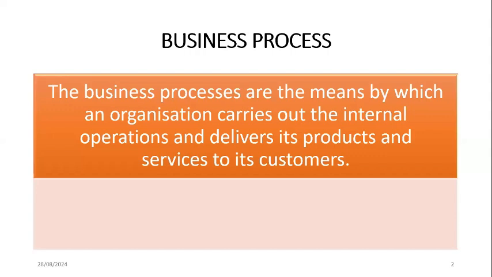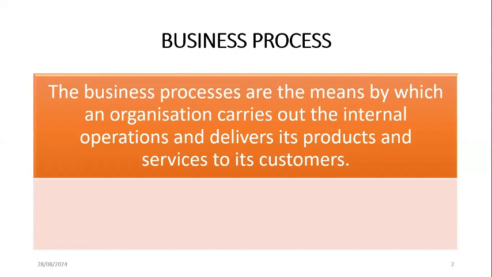So the word process in itself tends to mean an internal operation, and this internal operation is brought about in order to help deliver products and services to customers. So the end result of a process is to deliver either a product or a service to a customer.